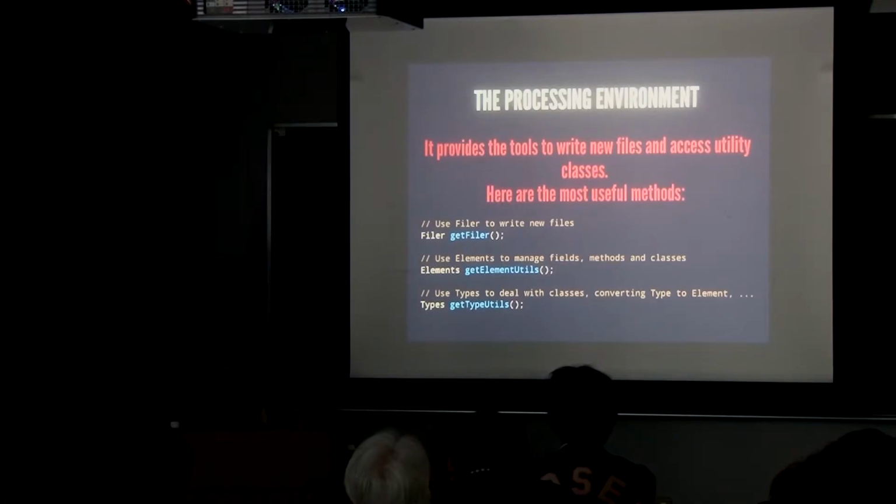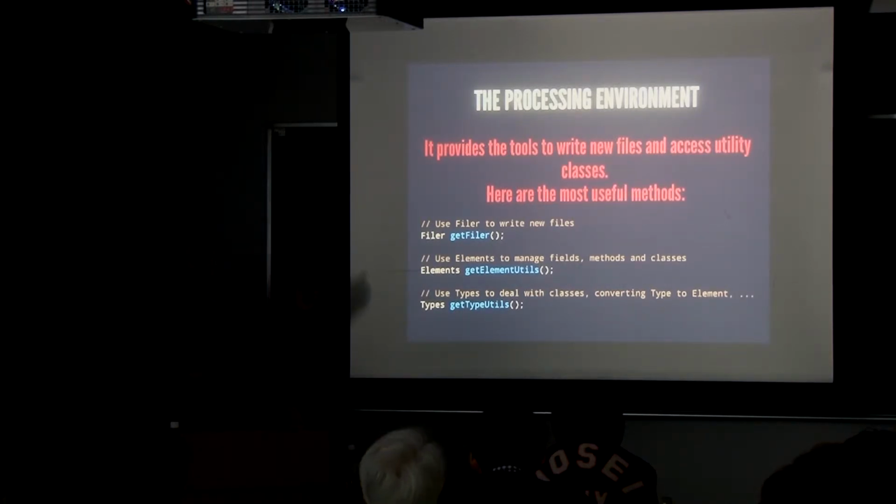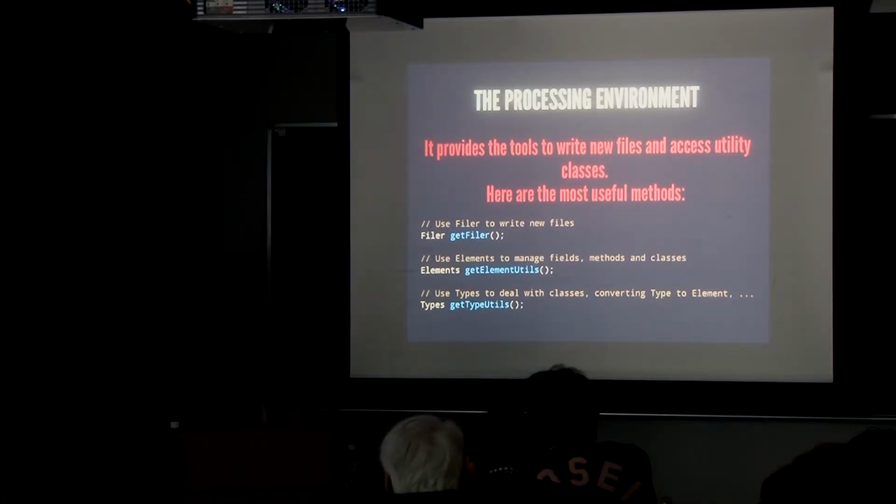When you are in the annotation processor, you don't have the possibility to use Java reflection or introspection, so you have to rely on this API, which frankly is quite clunky and not easy to use, but it's what we have, and it's what is supported by the compiler, so we have to deal with it. The processing environment deals with everything that has nothing to do with a specific round, but with annotation processing in general. So you get the folder where you are allowed to write files, and there are some utilities here that are useful to manage classes and types and so on.